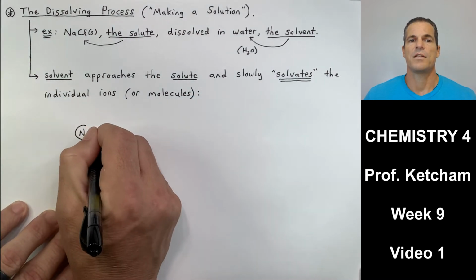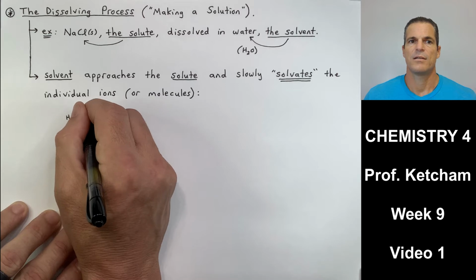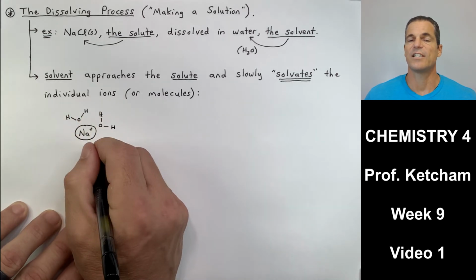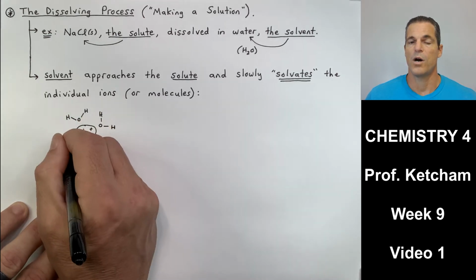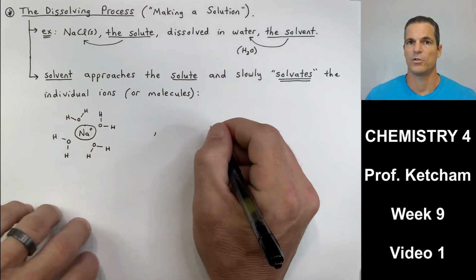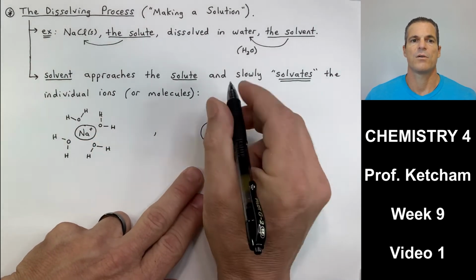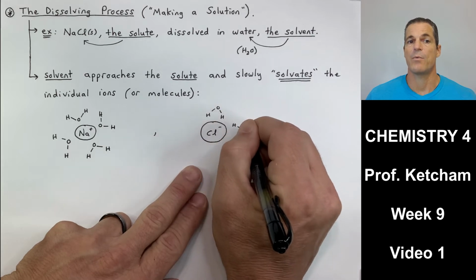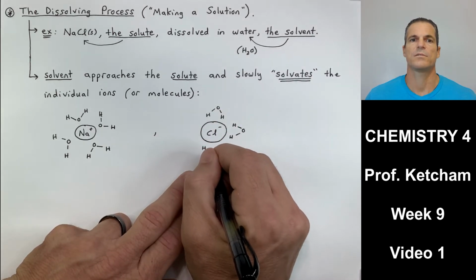So I've drawn an Na plus ion, and we would want the delta negative parts of water to interact. Remember when we talked about Lewis structures and polarity? So the Na plus is hydrated by what I've drawn. There are 4 water molecules.